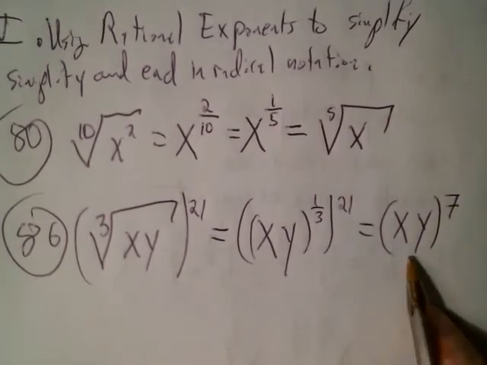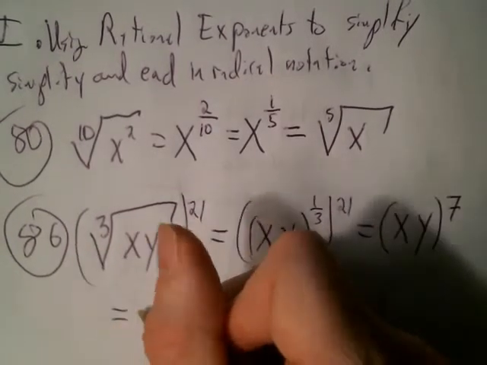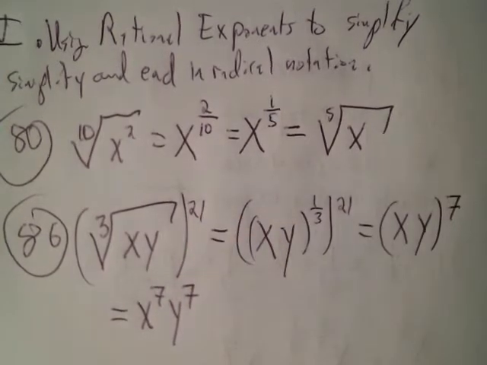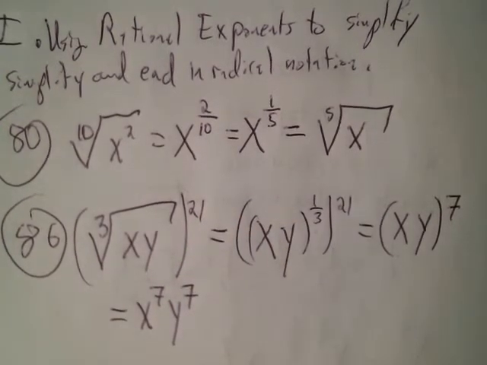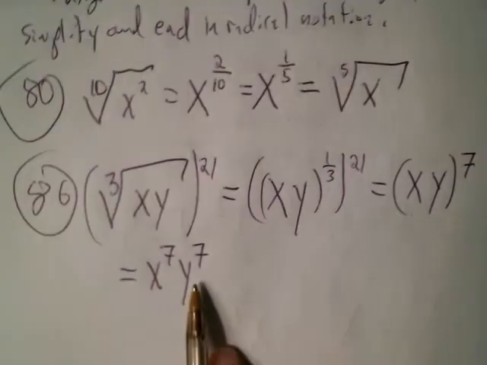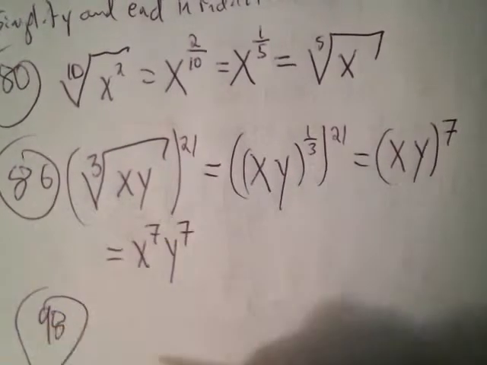Okay. And then we could use the product to power rule to convert this into x to the 7th, y to the 7th. There's no need for a radical on this one. It's a bit weird, but it is what it is at that point, and that's it.